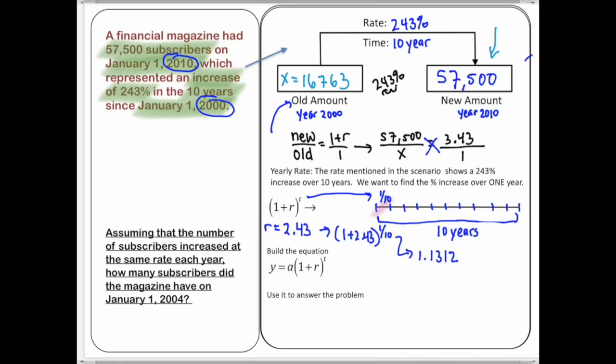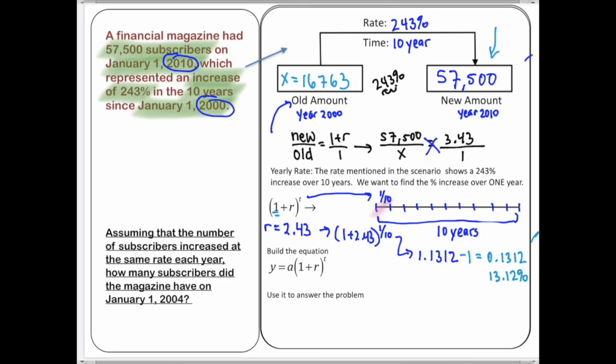We know that we want to find just the rate. We had added in that 1 originally, so we want to subtract that 1 out, and we're going to get this right here. Skip the decimal 2 places to the right, and that is going to give us 13.12%.